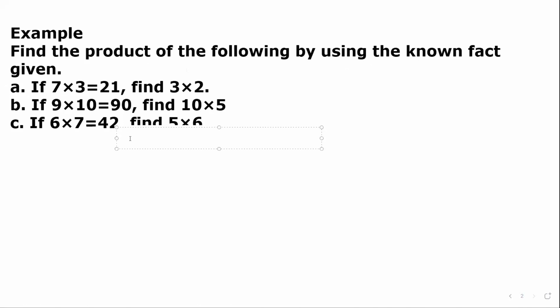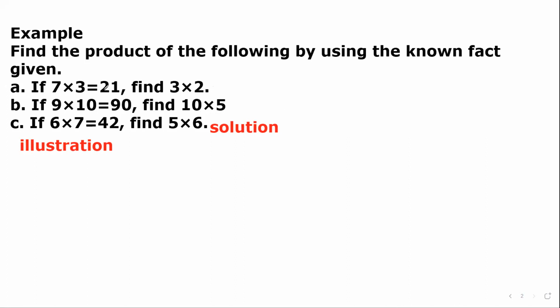Illustration. Write my solution first. Now before then, let's identify the multiplier here. 7 times 3 is 21 and 3 times 2 is unknown.